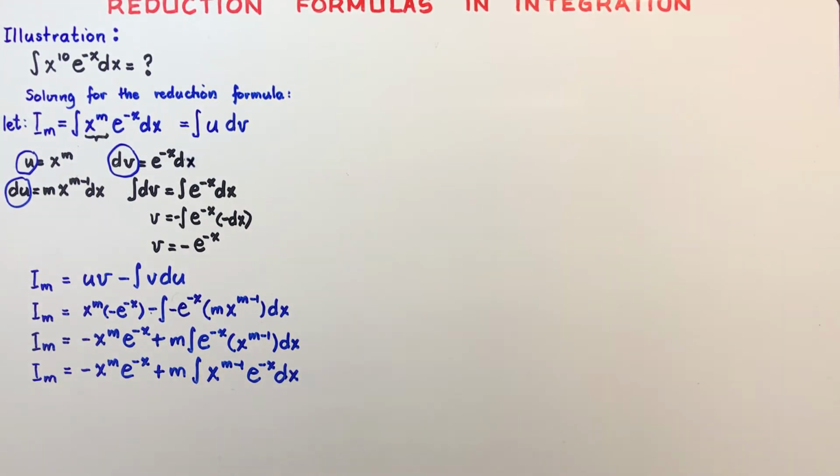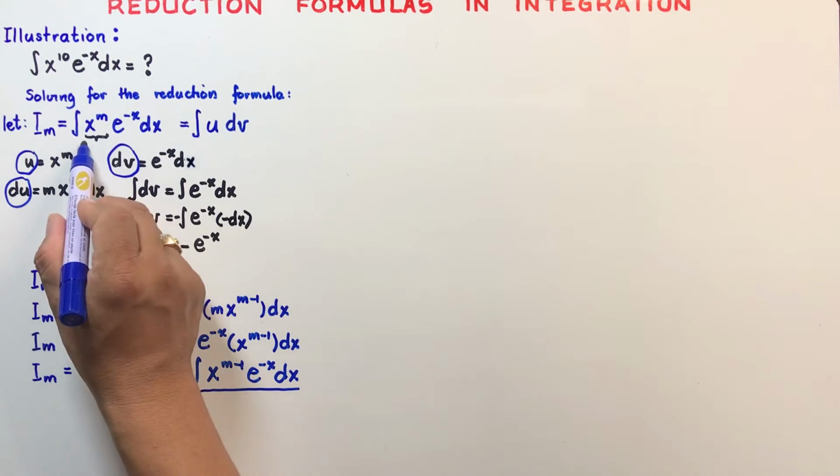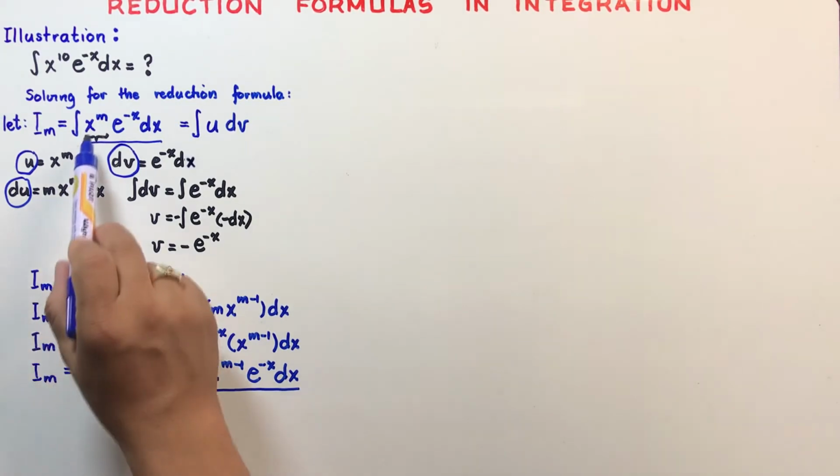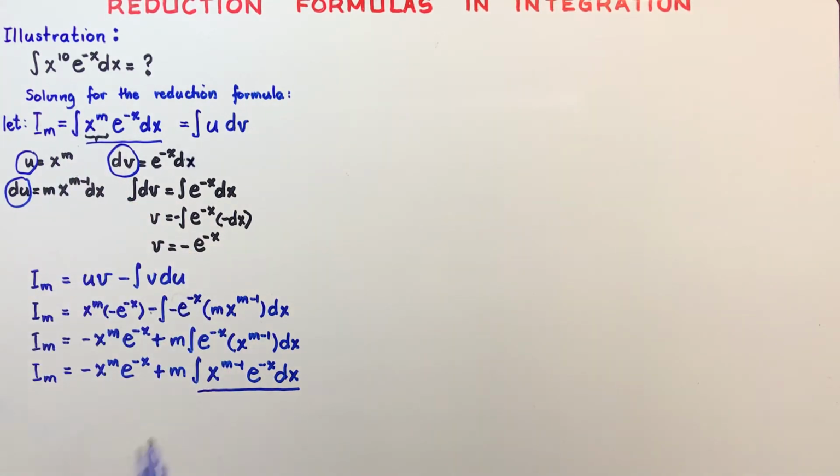And you can observe that this integrand is almost the same as our given integrand, but the exponent of x is 1 less than the exponent of this x here, because our exponent here is m minus 1. So this one is already a reduction formula, because we have successfully reduced the exponent of x to the power m to x to the power m minus 1.